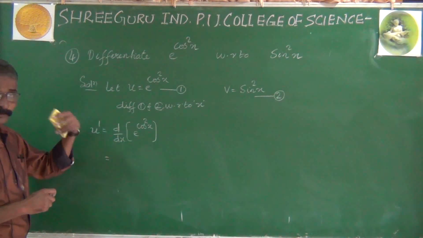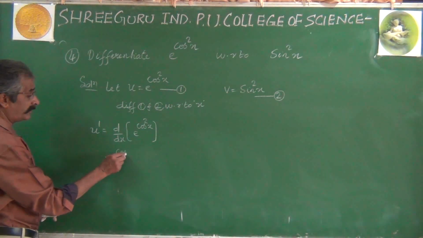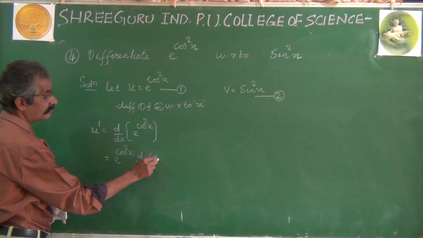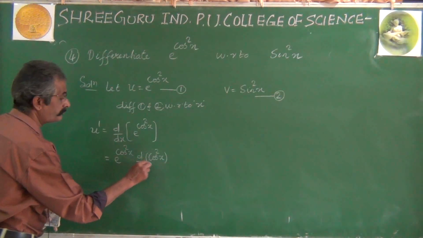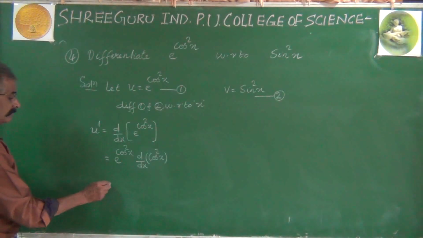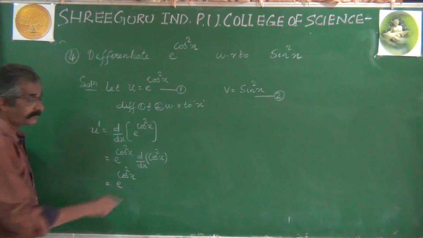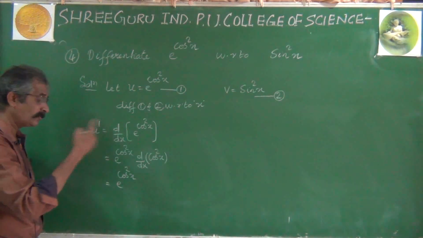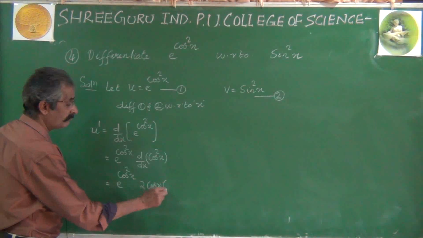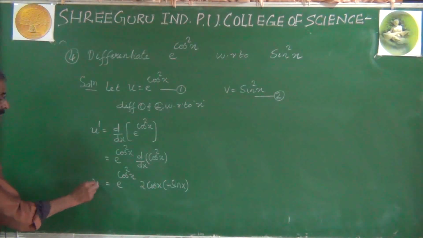Formula is e power function into derivative of function. Means e power cos square x into differentiation of cos square x. That is equal to e power cos square x into 2 cos x into minus sin x. Total 2 cos x multiplied by minus of sin x. This is u dash.